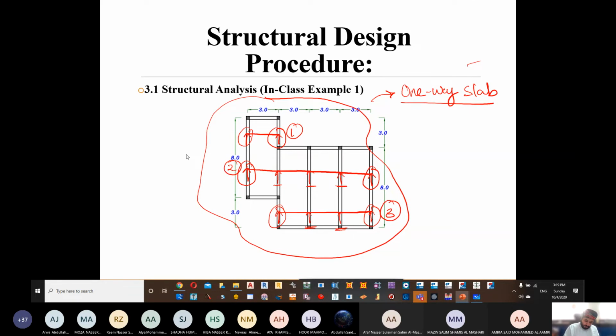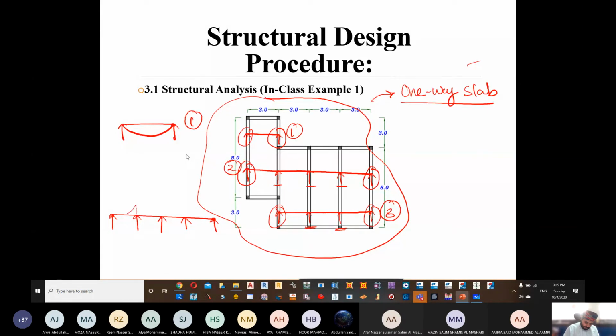So if I try to draw the bending moment diagram, first case: bending moment is 0, bending moment is 0, and it goes to the variable. That's case number 1. Case number 2. What do we have? We have first support, second, third, fourth, and then fifth. This is 0 because it's discontinuous. This is 0 because it's non-continuous.